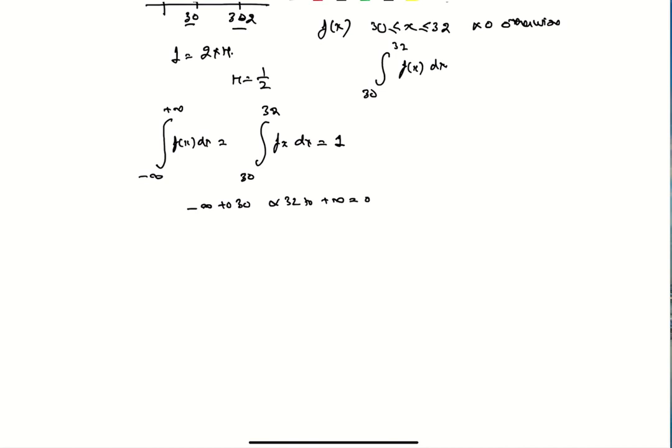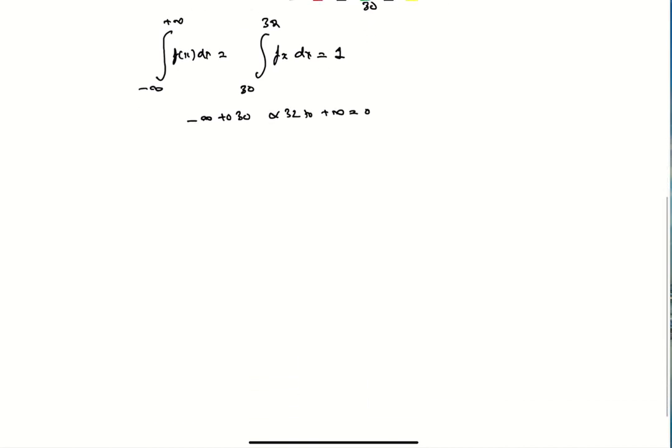Now if the question is what is the probability of temperature between 30 and 31, you need to do the integration of this. So this is the integral from 30 to 31 of f(x) dx.